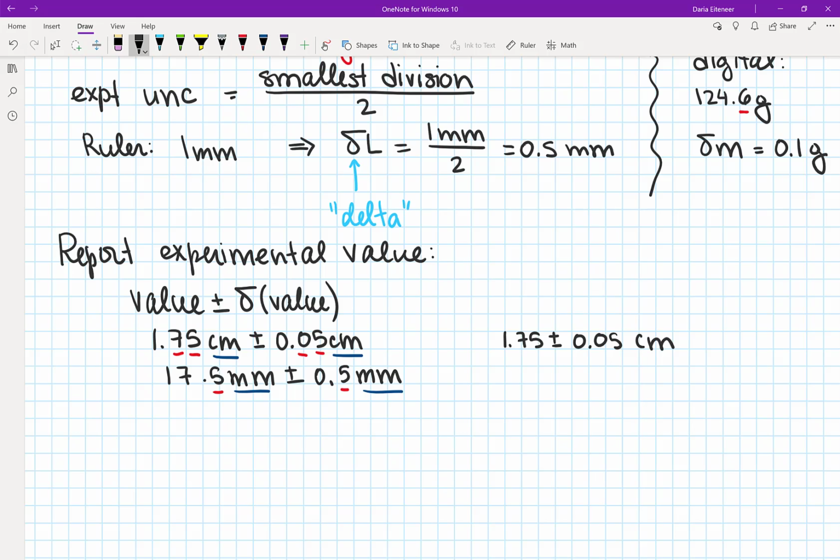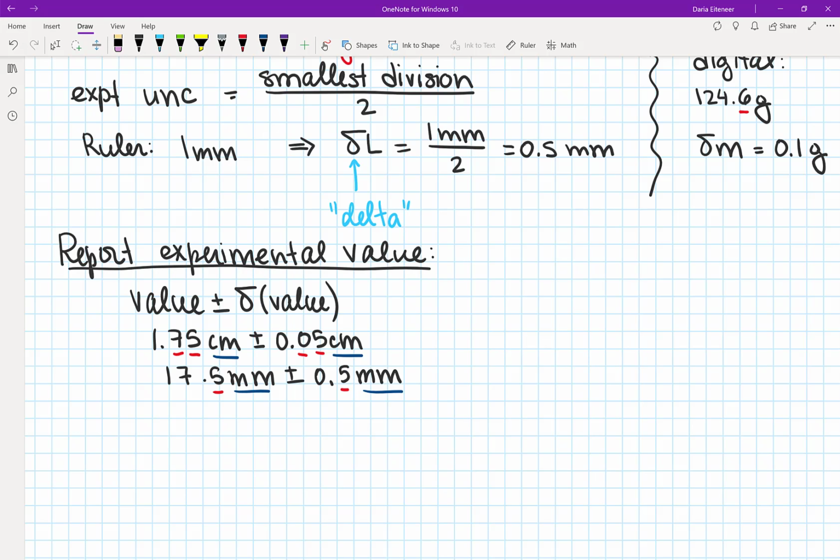So in the labs where I'm going to ask you to talk about uncertainties and errors and such things, keep this in mind. I will be very carefully looking for consistency in reporting experimental values. So units have to agree, and the number of decimal places between the value and the uncertainty have to agree.